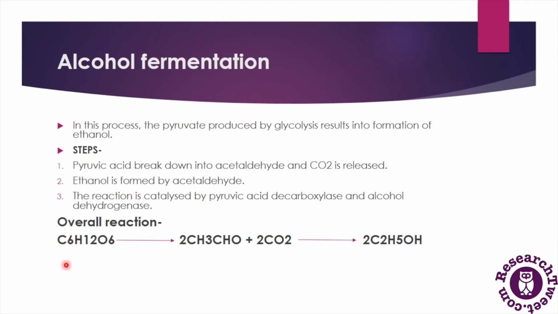This is the overall reaction of alcohol fermentation, where the molecule of glucose undergoes fermentation and acetaldehyde is formed, catalyzed by pyruvic acid decarboxylase. Further, the second reaction is catalyzed by alcohol dehydrogenase, and two molecules of ethanol are produced.